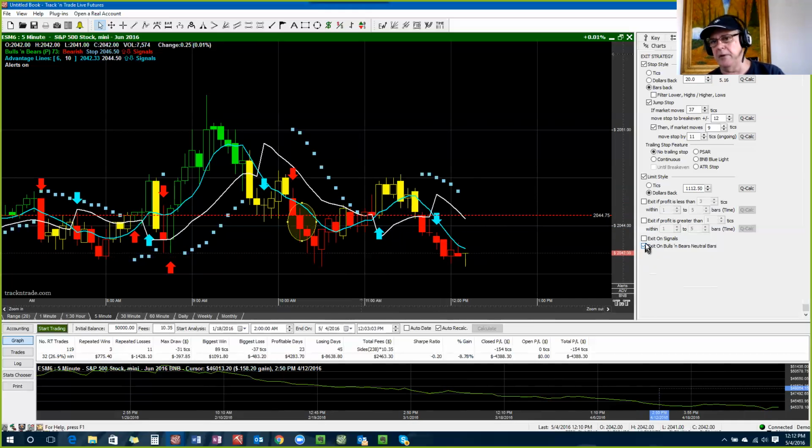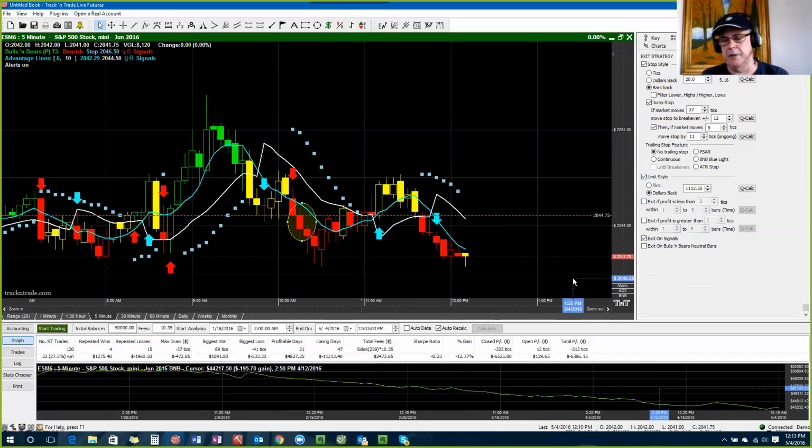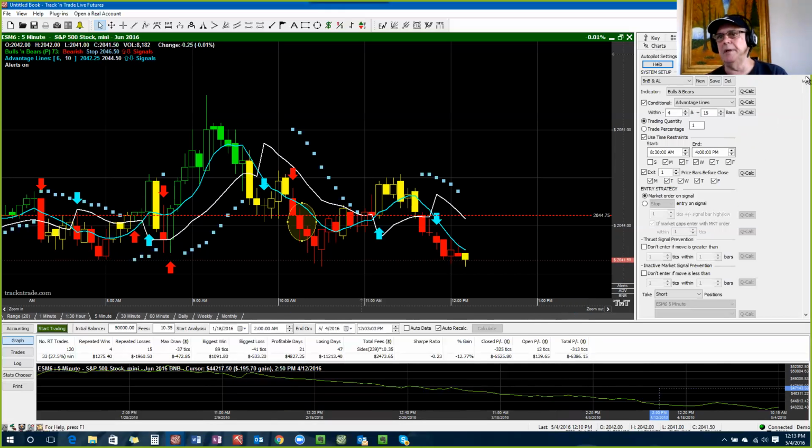Now, if you had exit on signal selected, then it will only exit one of two ways. If your limit was hit, or if you got a bulls and bears buy signal, it would then take you out. Got it.